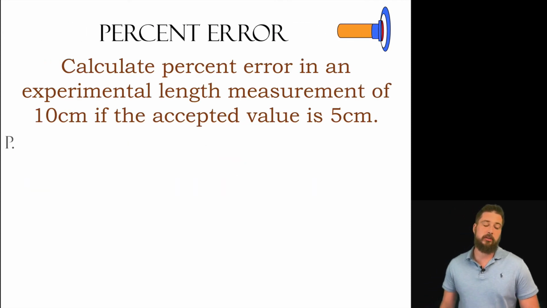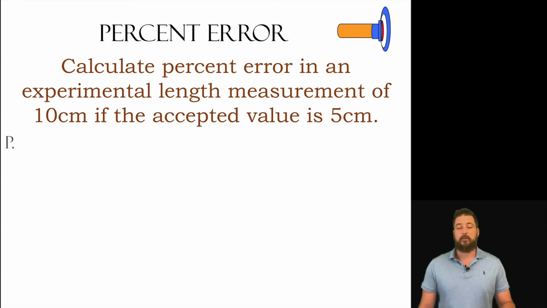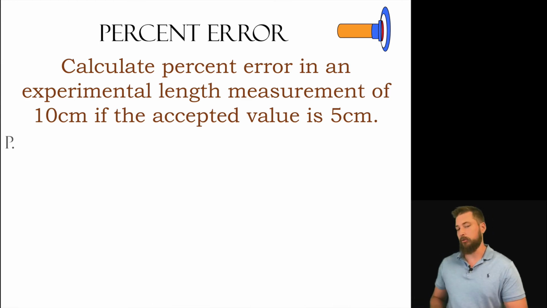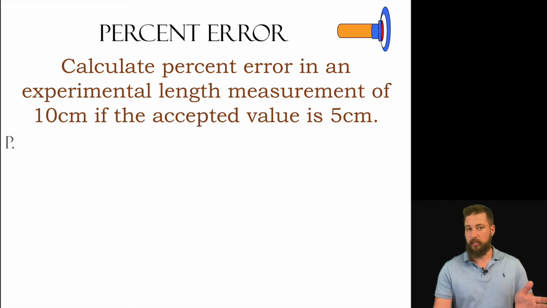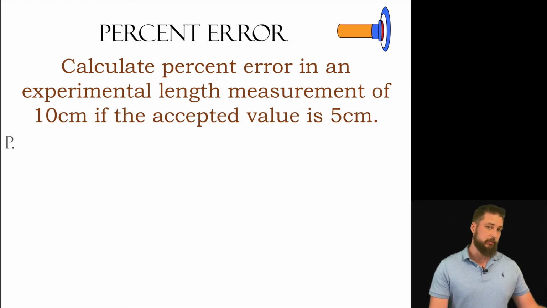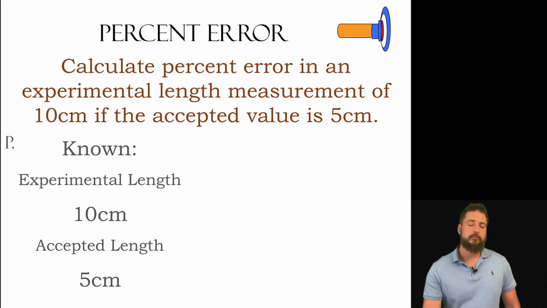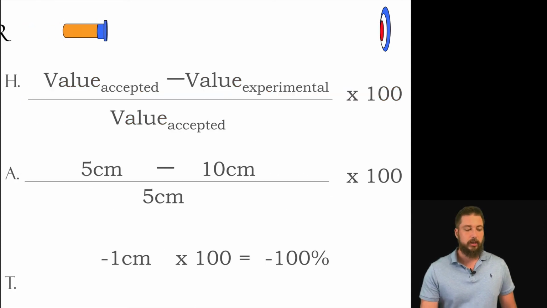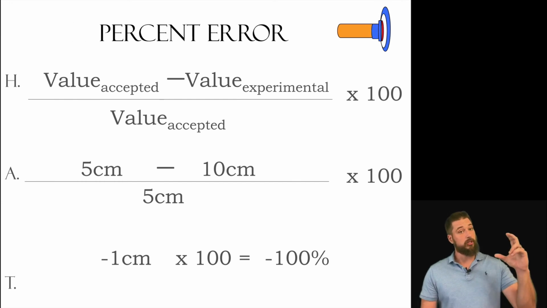And so in this example here, we're going to calculate the percent error in a length that is 10 centimeters. However, the accepted value is 5 centimeters. So the experimental value is 10 centimeters, the accepted is 5. And so let's go ahead and take a look at what that calculation looks like. So again, we've got our equation at the top.